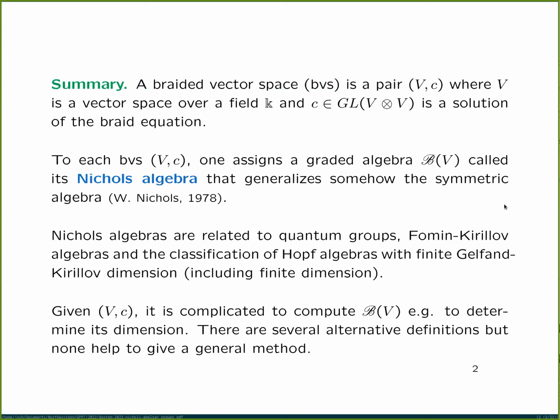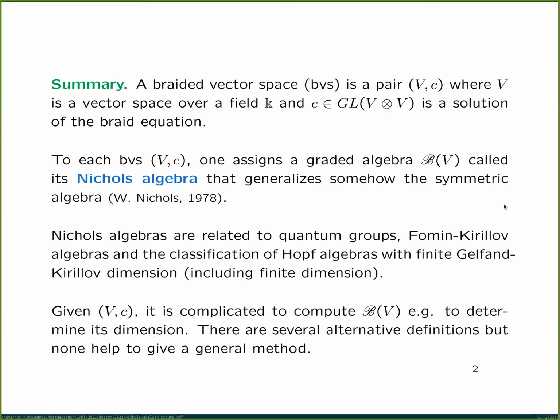There were other names in the literature, but I think Nichols algebra is better because it appeared first in the work of Warren Nichols in 1978. The Nichols algebra somehow generalizes the symmetric algebra of a vector space or of a module of a commutative ring, or a module of a non-commutative ring.